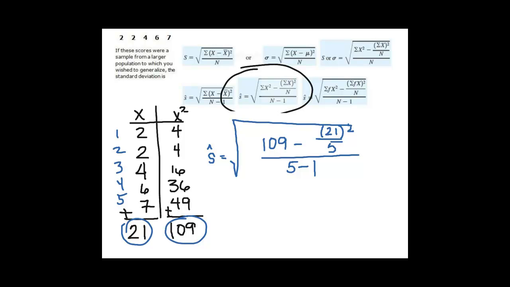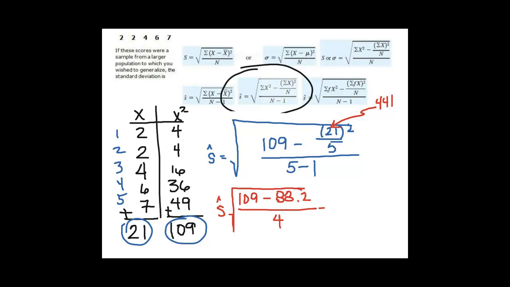All right, let's work on putting this into simpler terms. If I take 21 times 21, you get a pretty big number, which is not a surprise. You get 441. So now when I put it into the radical this time, I'm going to take 109 minus 441 divided by 5, which equals 88.2.